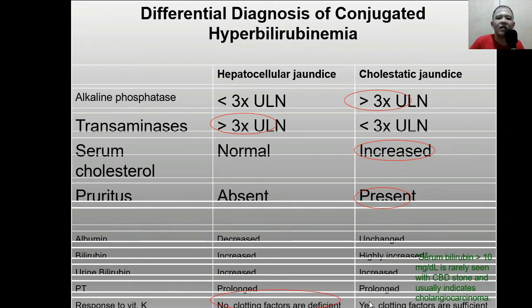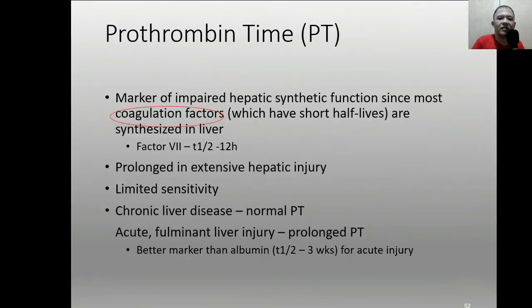Because the problem here is when you have an obstruction, you have decreased production of bile, and then vitamin K is not absorbed, because vitamin K is absorbed in the presence of bile. So prothrombin time is an indicator of the presence of clotting factors.